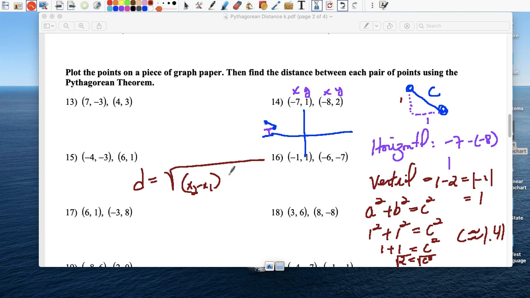Now, if you memorize the distance formula, which is the difference in x values, so x2 minus x1, squared, plus the difference in y values, squared, you'll notice that we did the same thing. So let's do the x first.